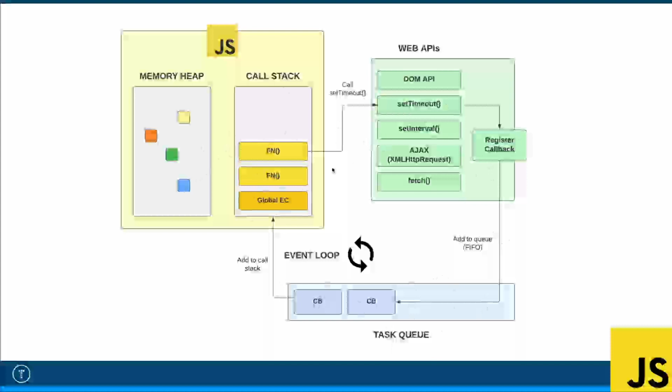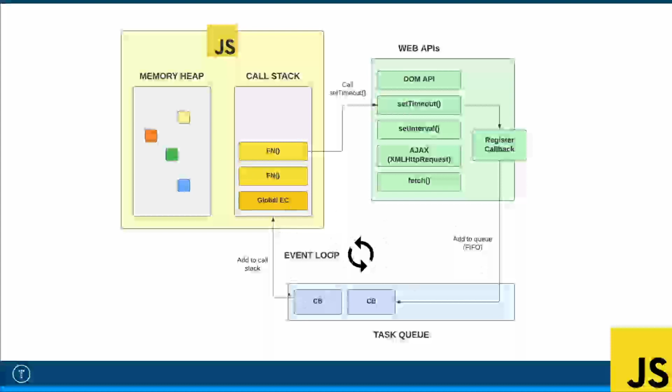All right, so when we call setTimeout or anything that has a callback, it gets registered and put on that task queue, and we have something called an event loop, which monitors the task queue and the call stack. Whenever that functionality completes and the callback is put in here, once the call stack is empty, which keeps getting checked by the event loop, then the next callback is put on.